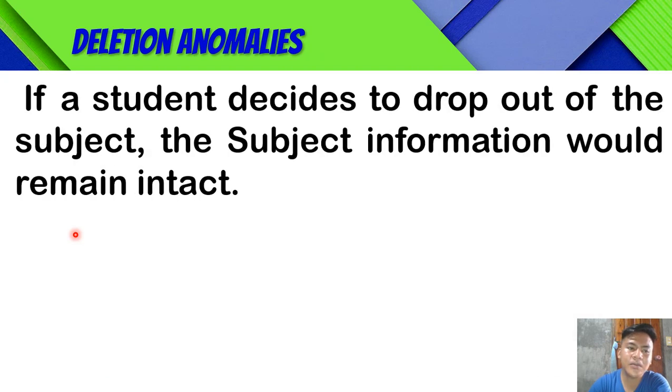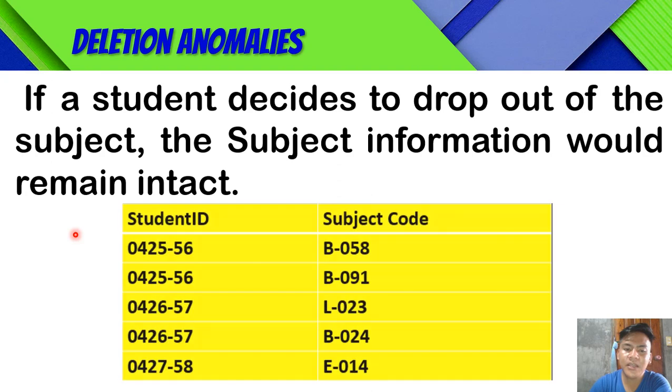So deletion anomalies, if a student decides to drop out of the subject, then the subject information would remain intact. So ibig sabihin, kahit i-drop ng ating estudyante yung kanyang subject, mananatili na nandoon yung mga information ng ating subject.